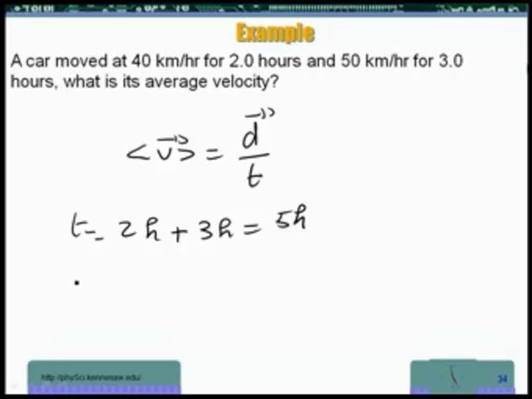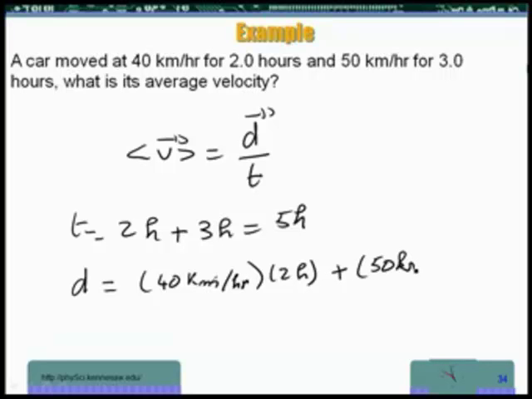The displacement: the car moved initially 40 kilometers per hour times 2 hours. And then it moved an additional 50 kilometers per hour for 3 hours.